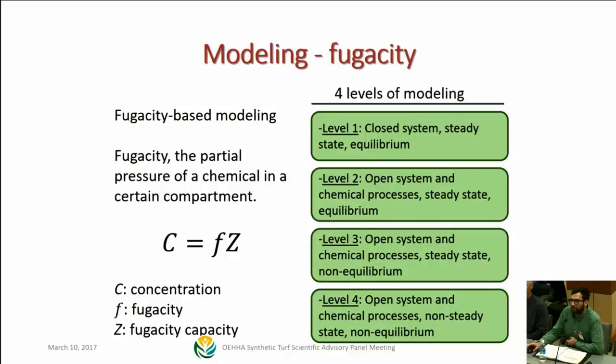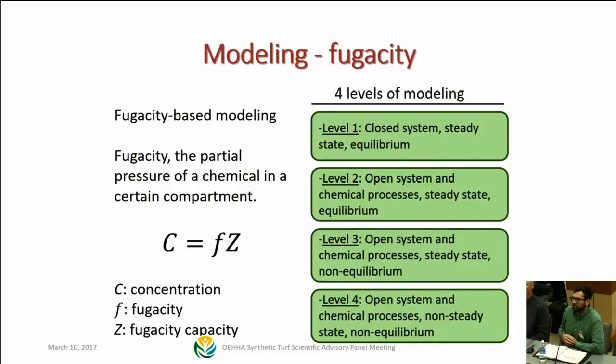So usually models are built on 4 levels, starting from level 1, which is a very simple and abstract approach, which is a closed system, steady state, and equilibrium. Steady state meaning that the emissions are constant, equilibrium meaning that the tendency of the chemical to leave all these compartments is equal in all these compartments, so the fugacities are equal. Level 2, more of a realistic approach.